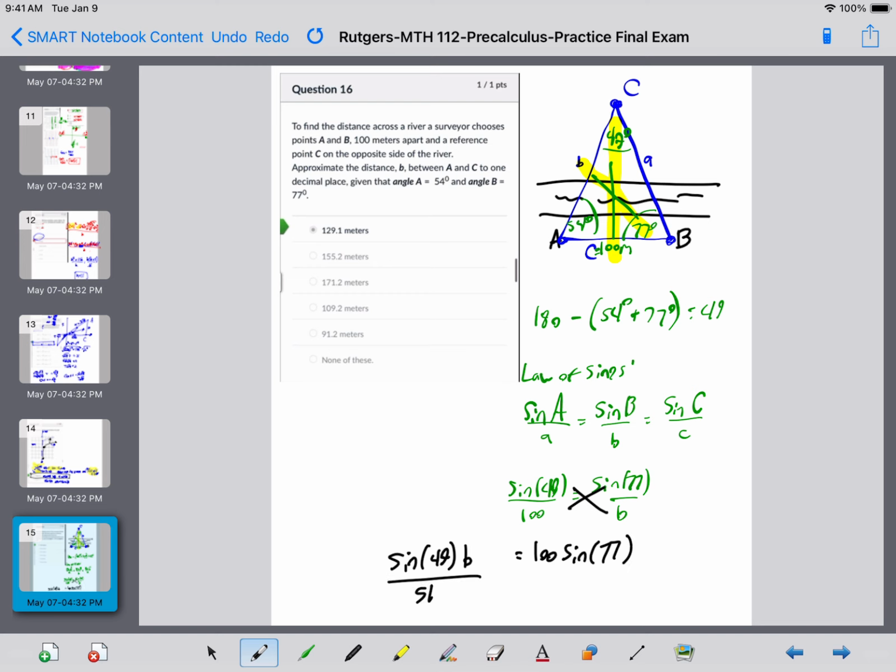I'm going to divide by sine of 49. So I have 100 times sine of 77 over sine of 49. Let me make sure I'm in degree mode. I am. Enter. And I get approximately 129.1 meters.